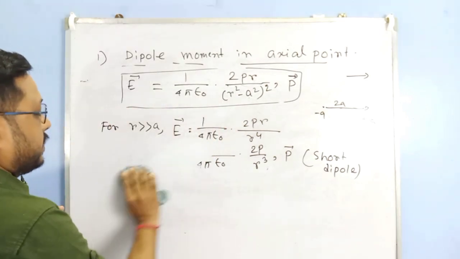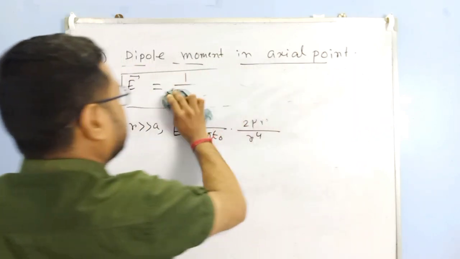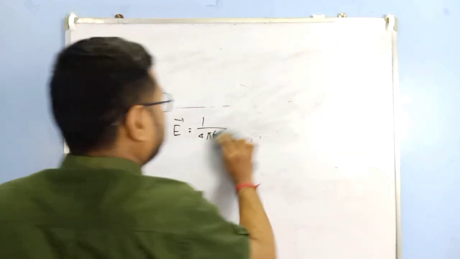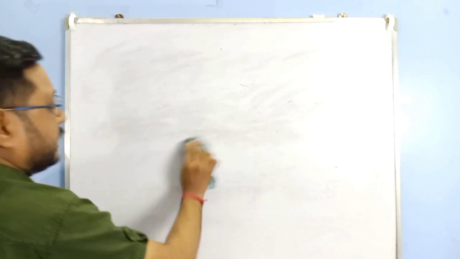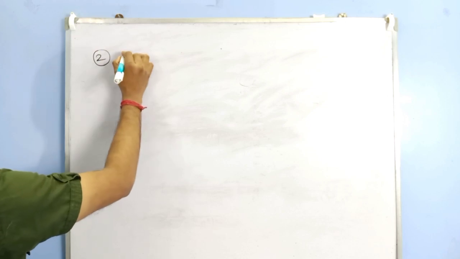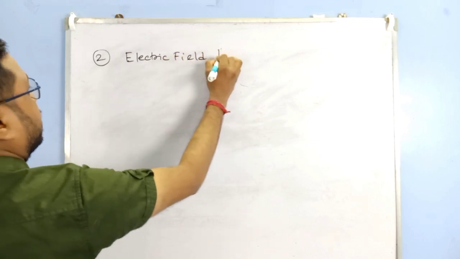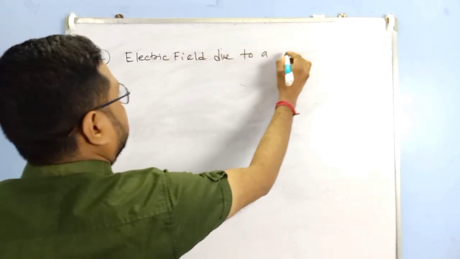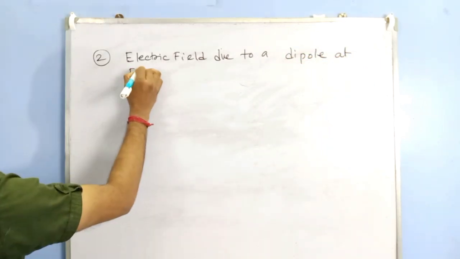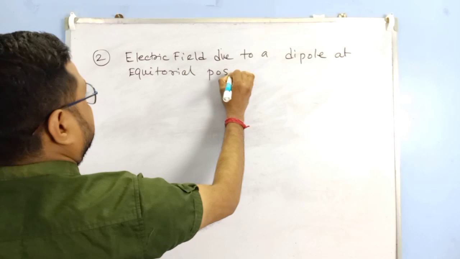Now we shall go with example number 2, that is, the electric field due to a dipole at the equatorial position.